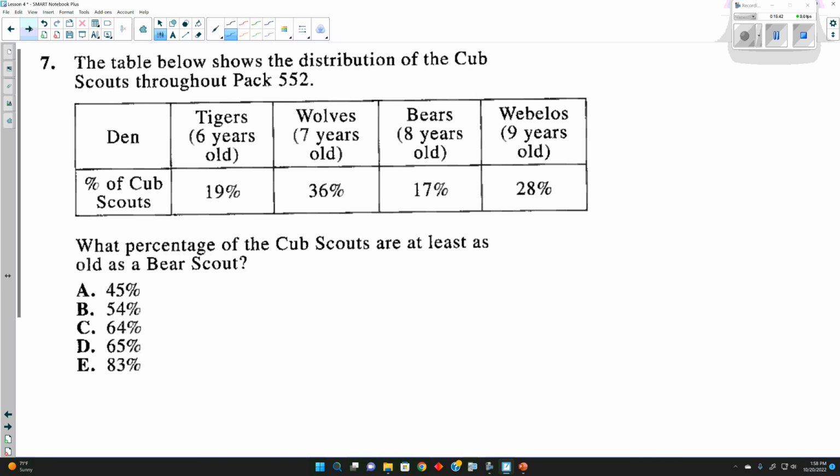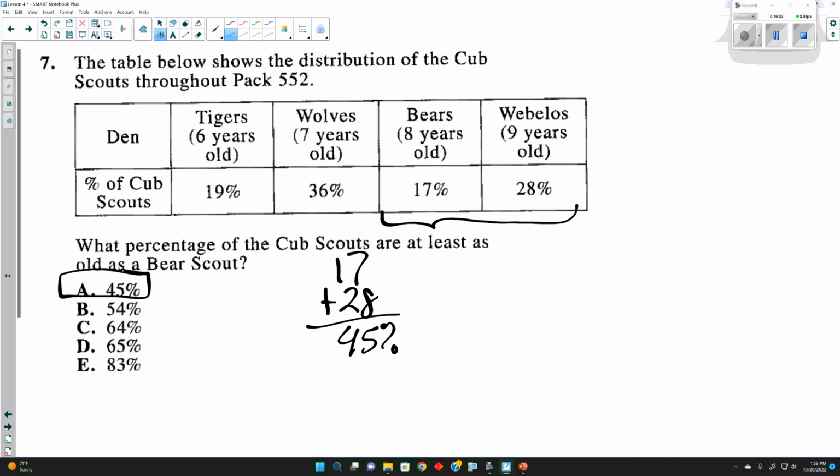So which ones are at least as old as a Bear Scout? 17 and 28, yes? And that's it. Questions on this here?